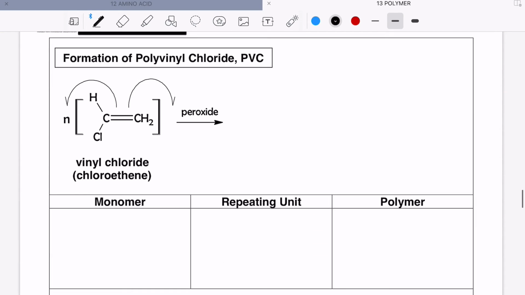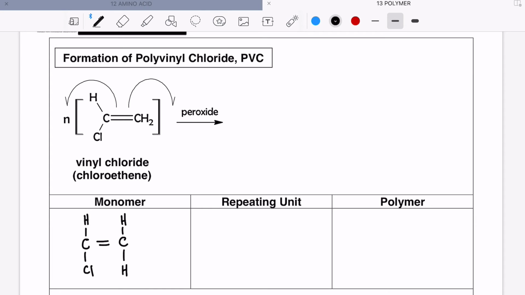Now let's take a look at the formation of polyvinyl chloride. Usually I like to draw the monomer first. I like to draw the monomer like this: H, Cl. I make them straight when it comes to polymer. So this is the monomer before the reaction, before the polymerization.